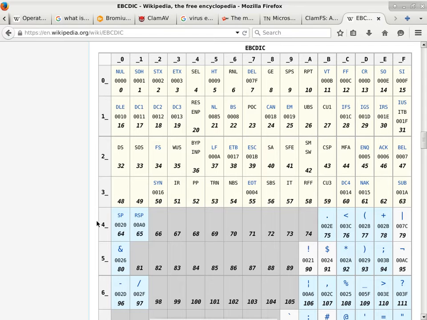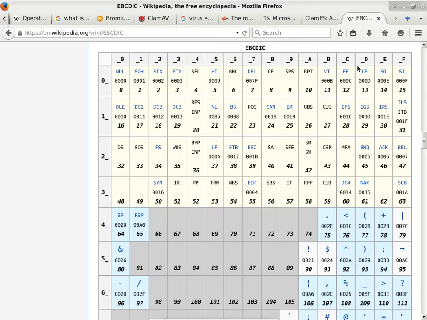But in EBCDIC, this is actually 4C. 4C is 01001100. In other words, when an IBM mainframe transmits that particular string of zeros and ones to a printer or to a typewriter, it will print out the less than symbol.